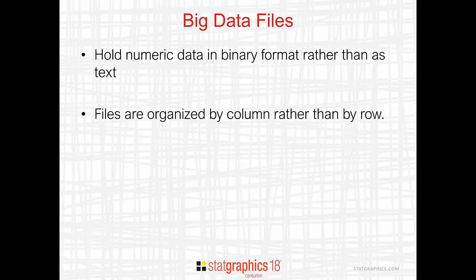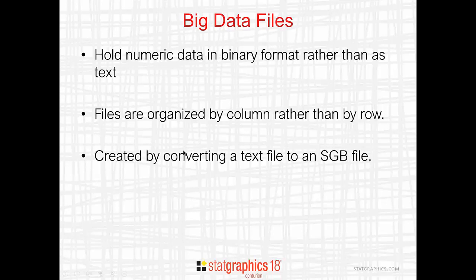It makes it much quicker to pull data for one or a small number of columns, which you're frequently doing in the Statgraphics procedures. If you had to read millions and millions of records from an ordinary Statgraphics data file where the data are arranged by row rather than column, it would take much longer to read the data from the file.